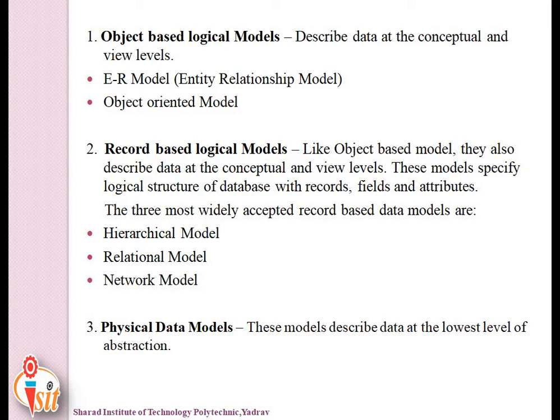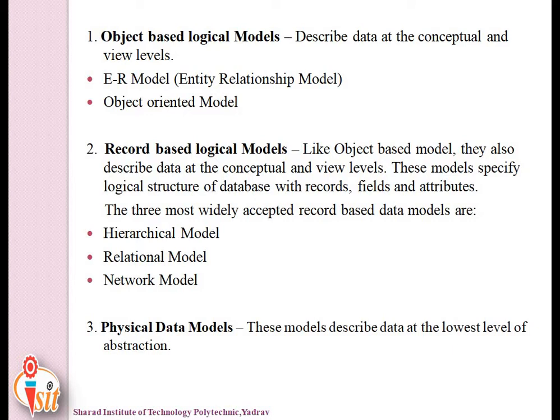Record-based logical models are used in describing data at the logical and view level. In contrast to object-based data models, they are used to specify the overall logical structure of the database and to provide a higher level description of the implementation. Record-based models are so named because the database is structured in fixed format records of several types.